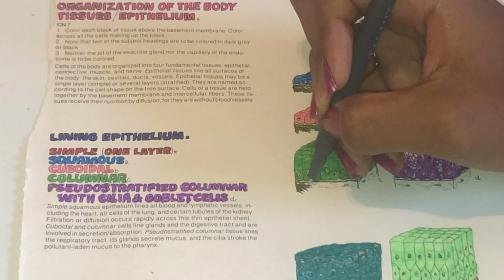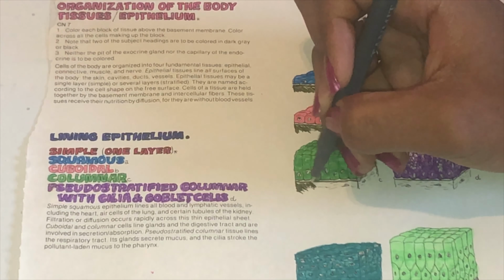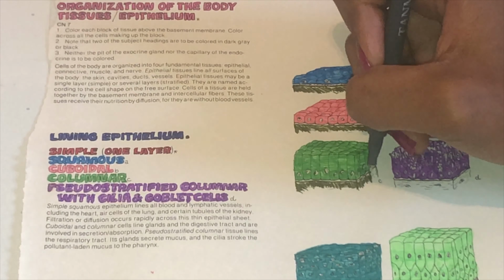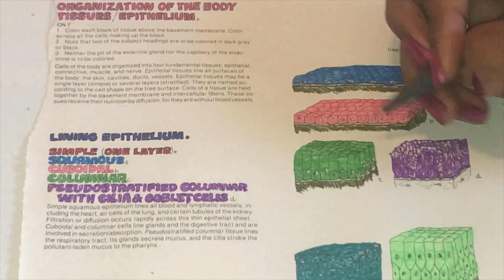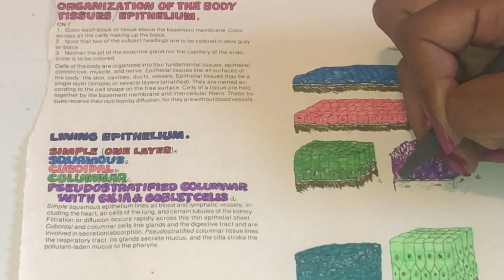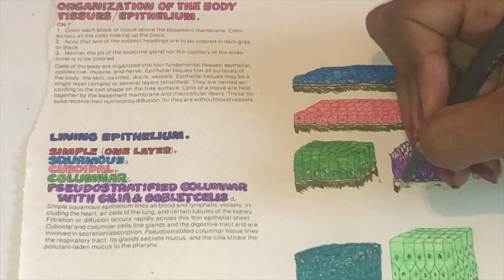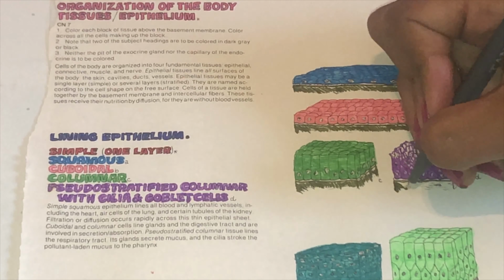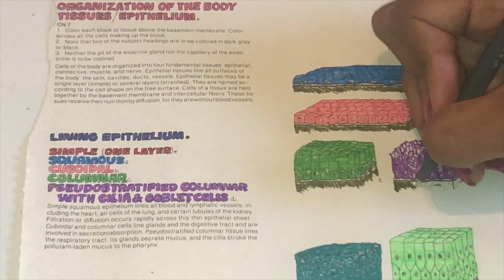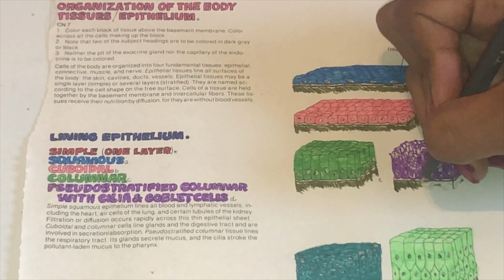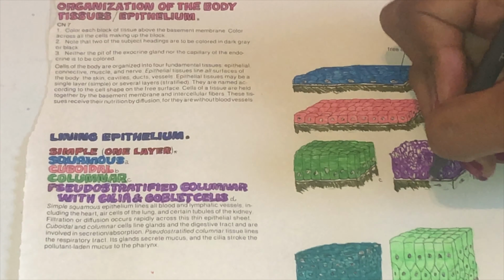And here I'm doing it on this columnar. And also on the pseudostratified columnar with cilia and goblet cells. I am coloring in the connective tissue, the supporting connective tissue.